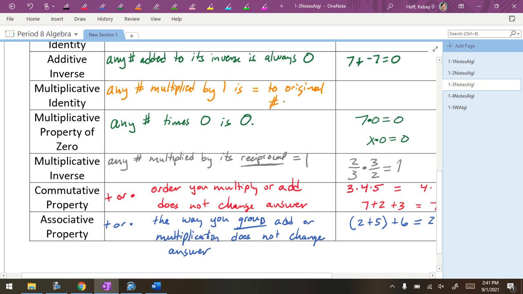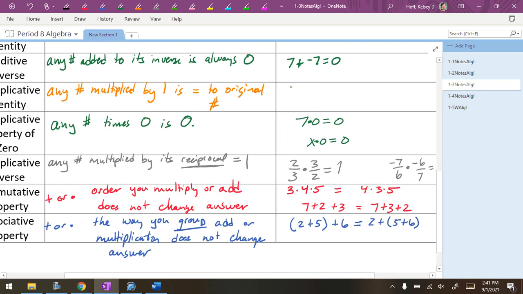Any number multiplied by 1 is equal to the original number. 3 times 1 is 3. 1 times y is y.